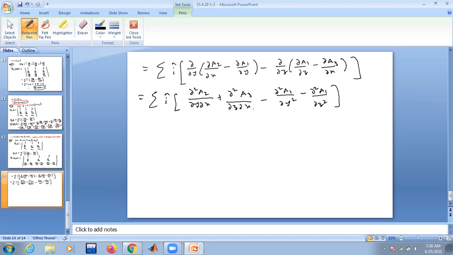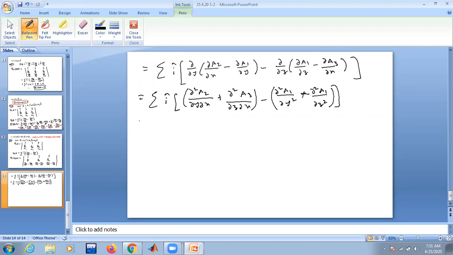Can I write like this? Or else if I want to take minus common, I can write it as plus. I can write like this. Do you agree?